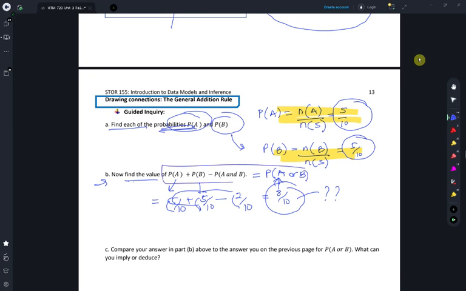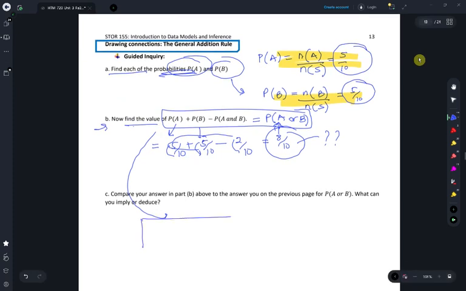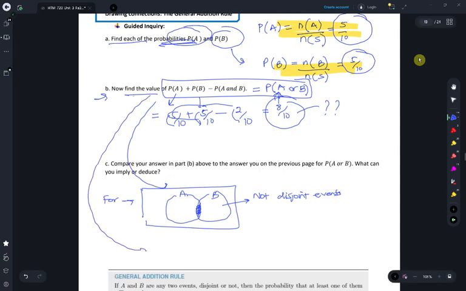And we have a formula on our hands. That formula says that for events A and B that overlap, which means they are not disjoint events, they have something in common, we have the general addition rule of probability.